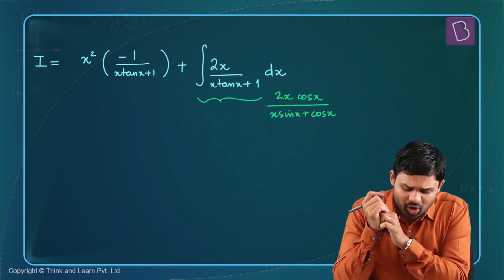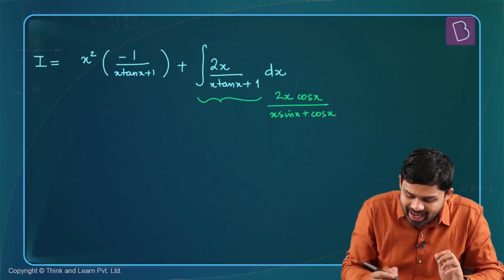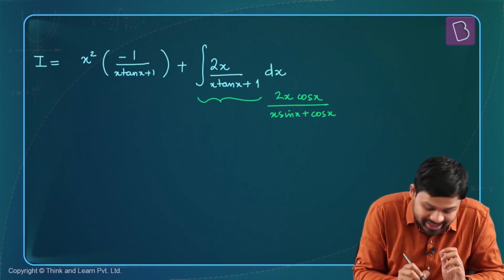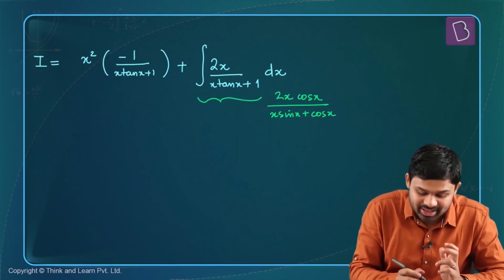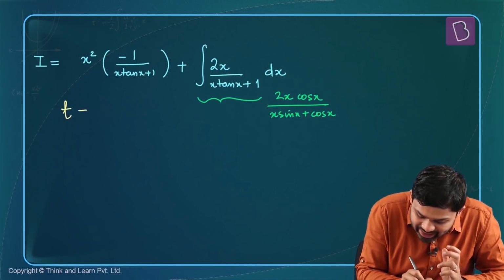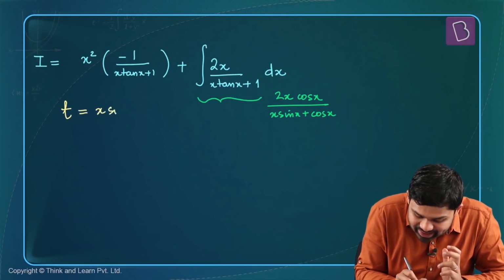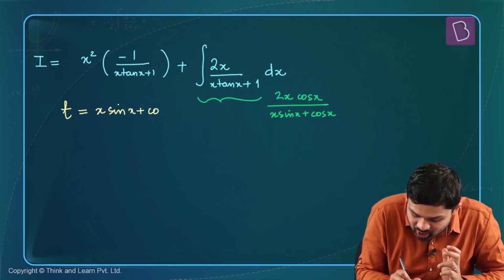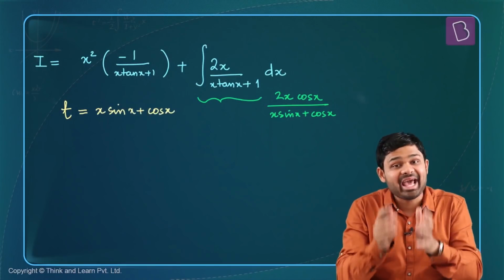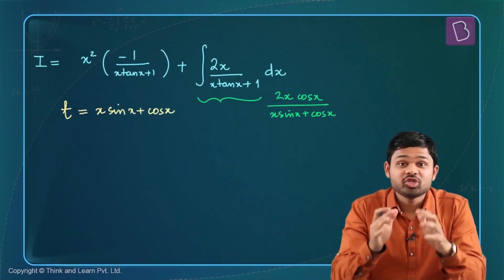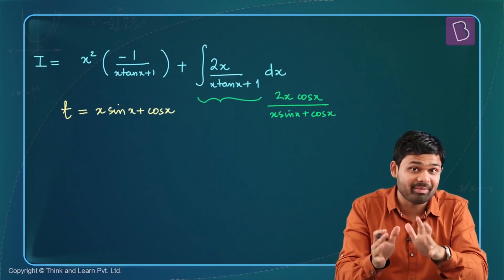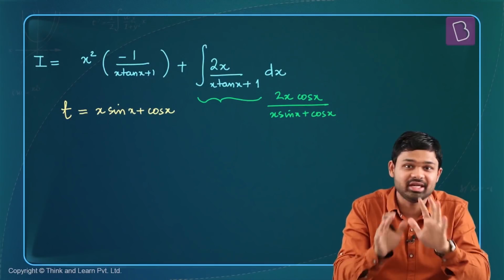Now I am going to consider x sin x plus cos x as another dummy variable, t. Do not confuse this t with the old t we considered. This is a new t.